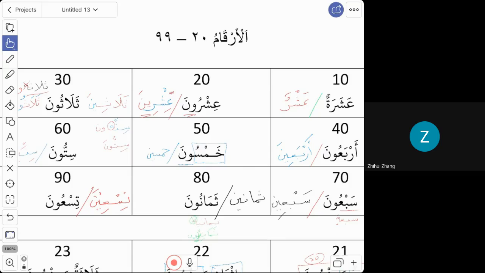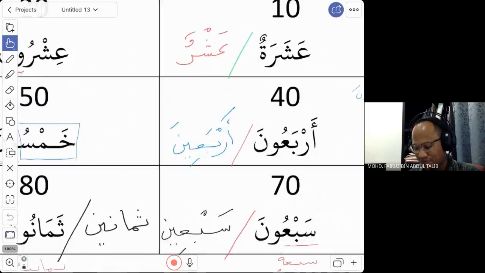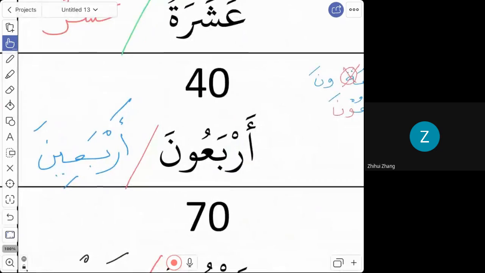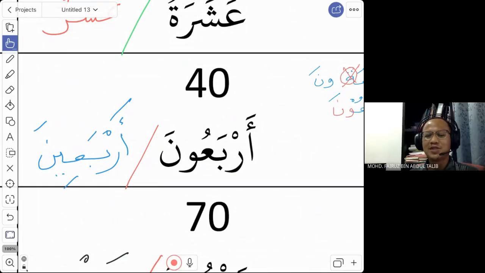45. So now we move to 40. Khamsatun wa arbaun. Good. Zuhura, 46. 6 and 40.